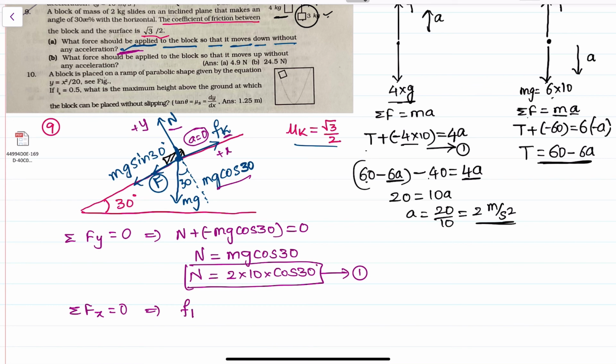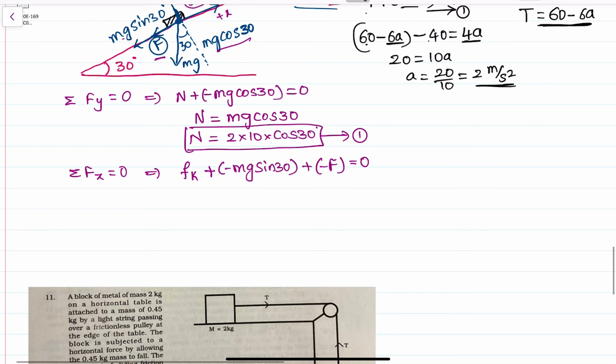Kinetic friction is along the positive x-axis, mg sin 30 is along the negative x-axis, so minus mg sin 30, and the applied force is also acting along the negative x-axis, minus F, is equal to 0. Minus F, when it comes to the right side, becomes plus F.